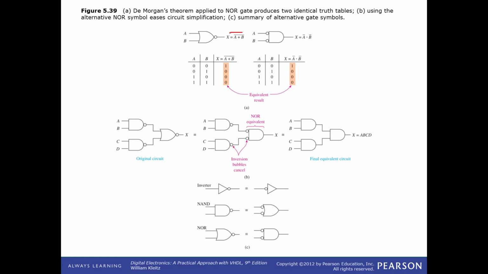So we're starting out with this kind of equation, right? X equals A NORed with B. And that's what this gate is doing. Well, we can apply DeMorgan's theorem, and we can turn this NOR gate into this gate equivalent. Basically inverting the inputs and making it an AND gate instead of an OR gate.